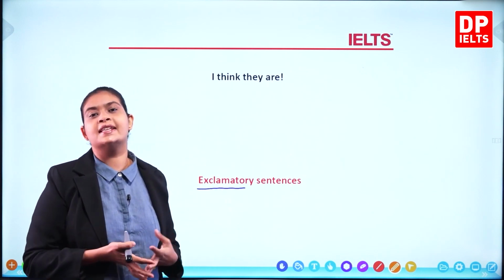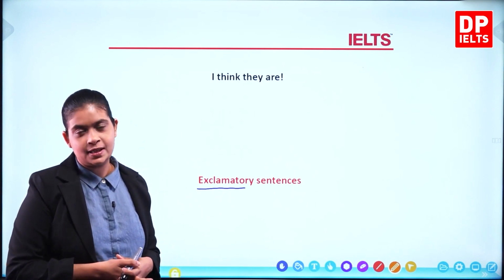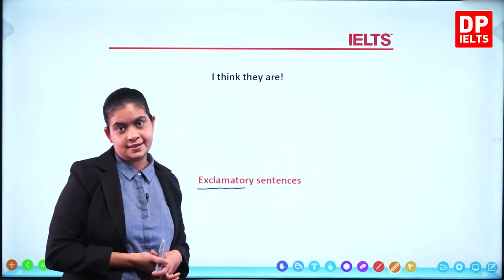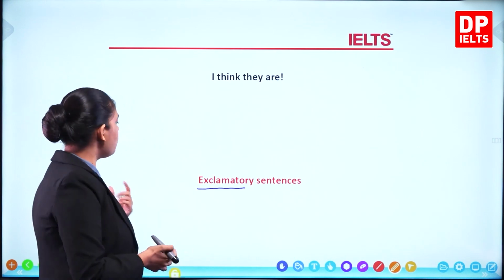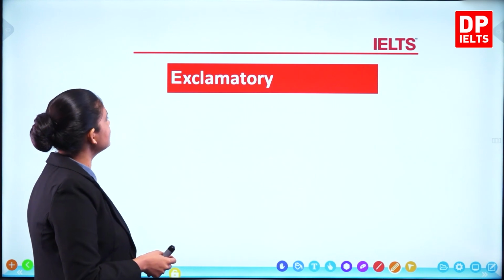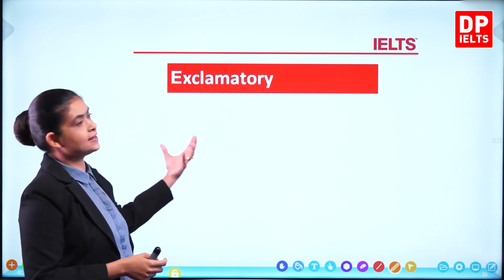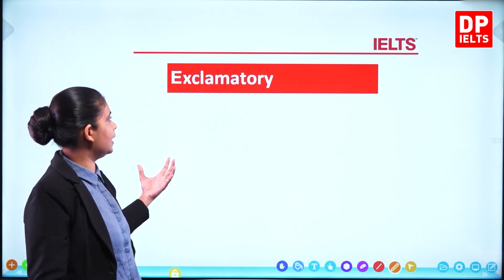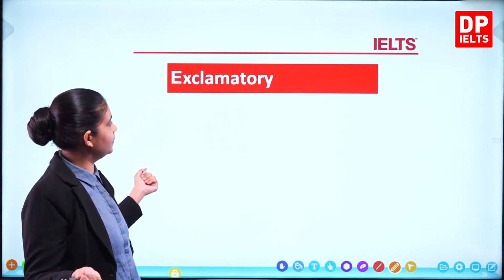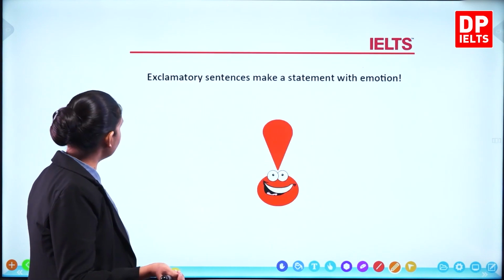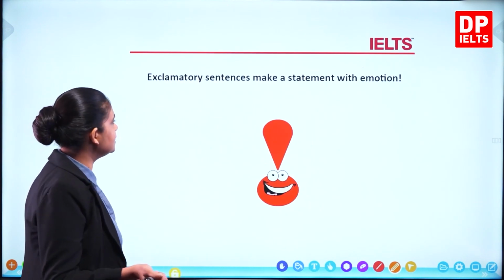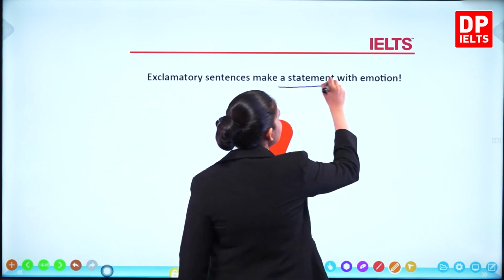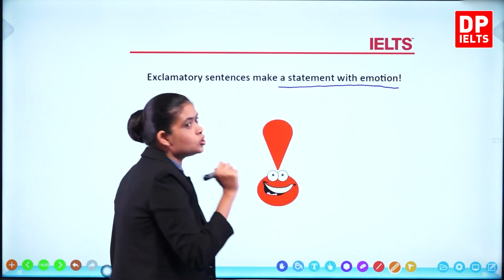Now, what are these exclamatory sentences? Exclamatory. Everyone, exclamatory. Okay? So, if we have a look at it, exclamatory sentences make a statement with emotion.